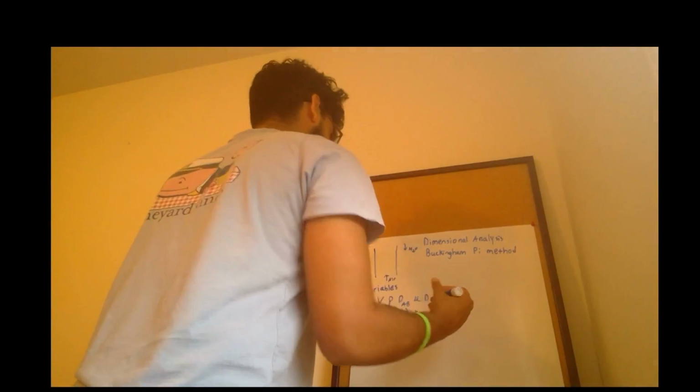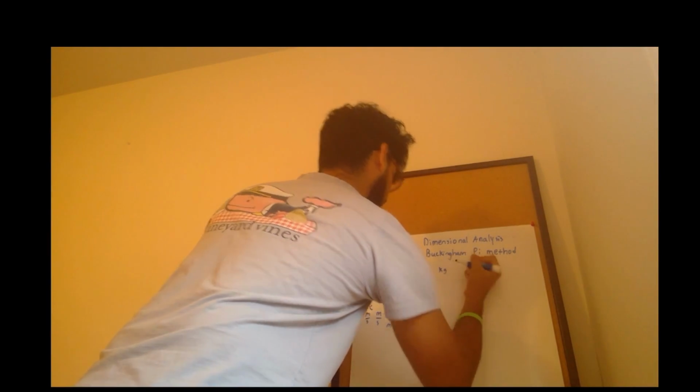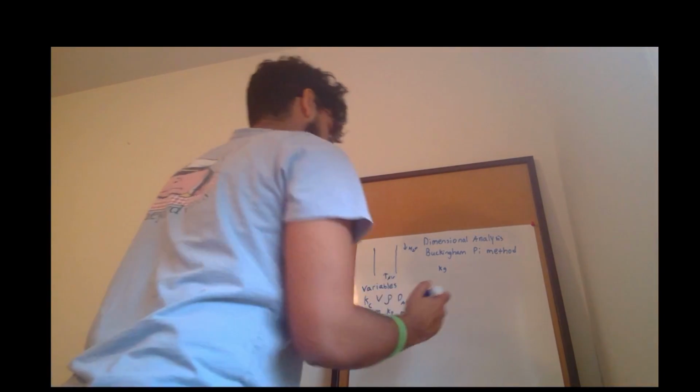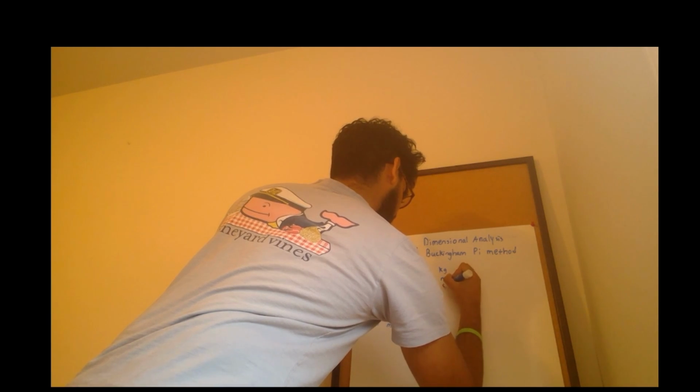So for our matrix, for the rows, we're going to have the different base units for each of these coefficients. So we have kilograms, meters, and seconds.